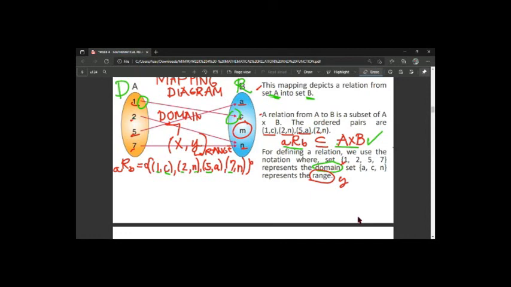So all the X values in the set will be our domain. So let's write it down. So for example, domain. Then make curly brackets, which is for the set. So all the X values, these 1, 2, 5, and 7. So just put that.